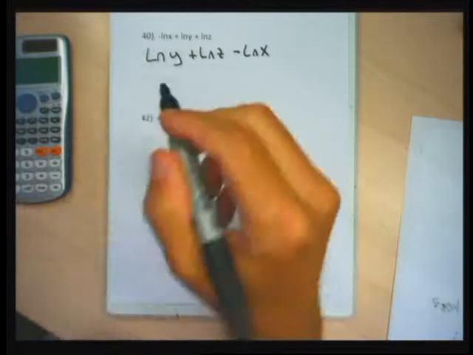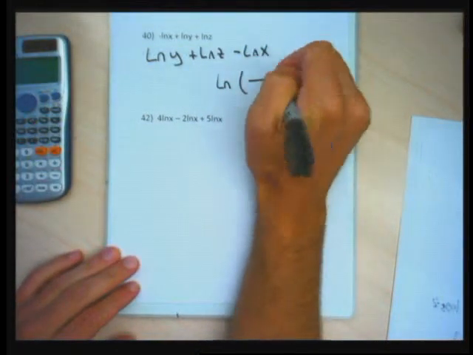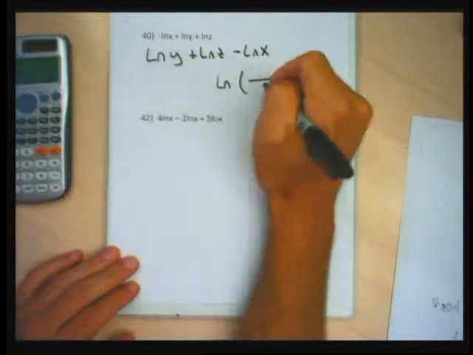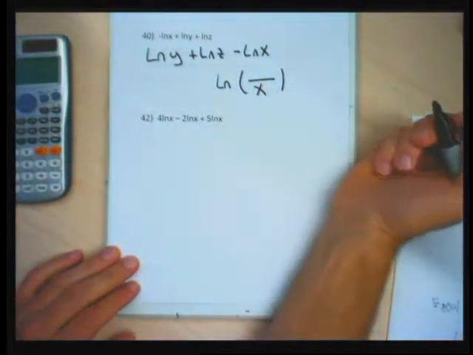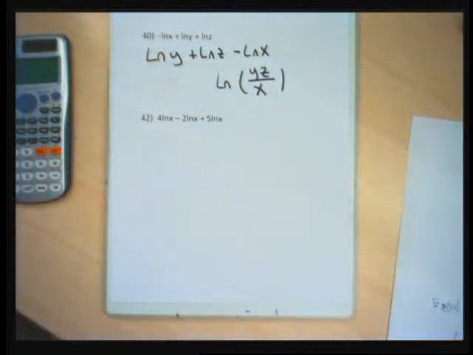What I need to do is condense the three logarithms into one, and I know I need a fraction because I see a minus, and the x is going to wind up in the denominator because it's the logarithm with the minus. The y and the z, their logarithms don't have minuses in front of them. They actually had pluses in front of them in the original problem, so they wind up in the numerator.